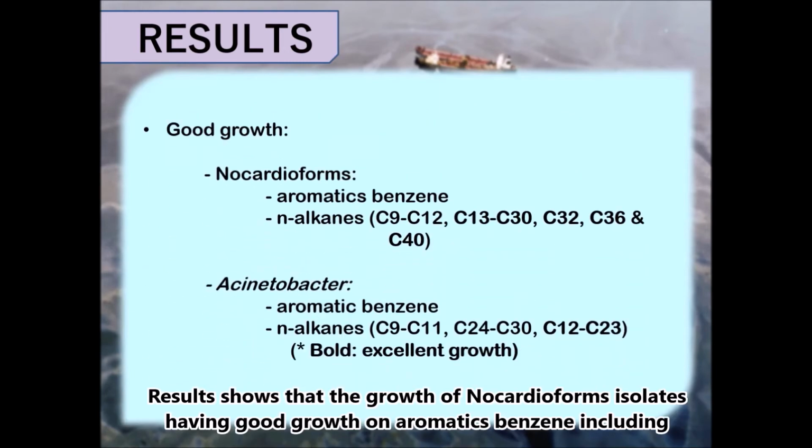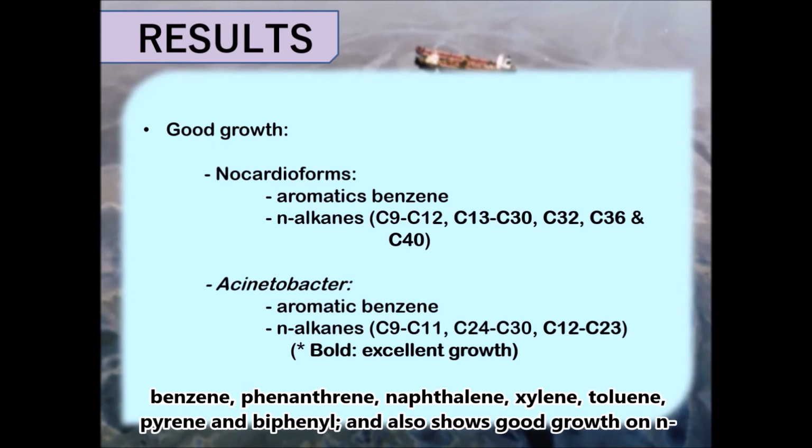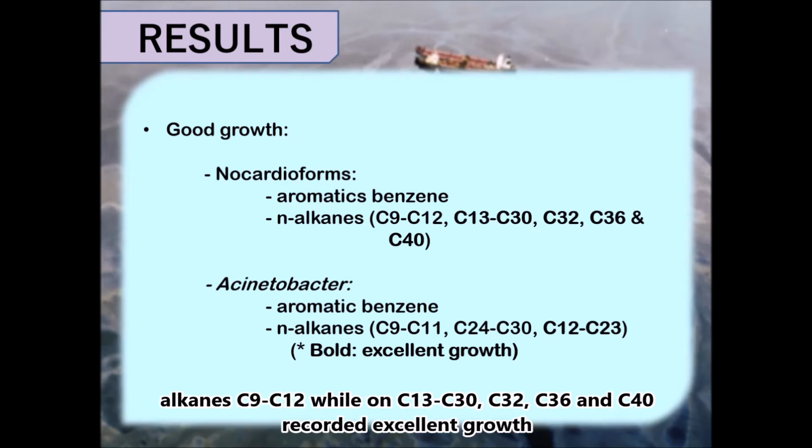Results show that the nocardioform isolates had good growth on aromatics, including benzene, phenanthrene, naphthalene, xylene, toluene, pyrene, and biphenyl, and also good growth on n-alkanes of carbon number 9 to carbon 12, while carbon 13 to carbon 30, carbon 32, carbon 36, and carbon 40 recorded excellent growth.